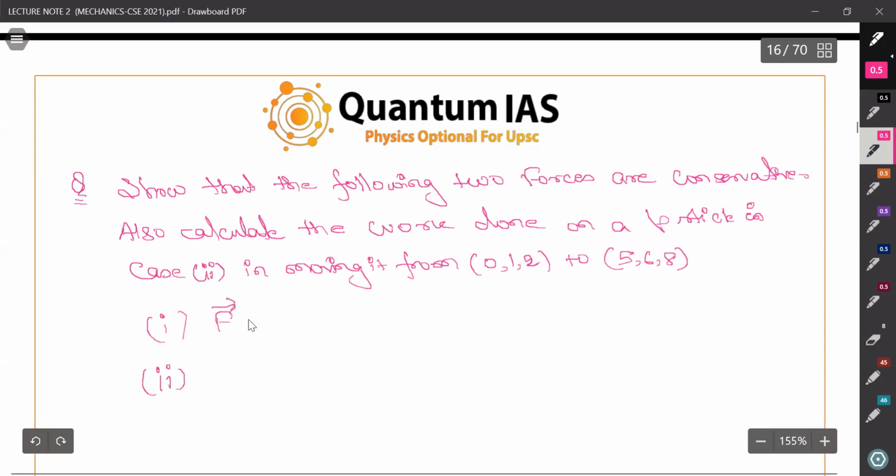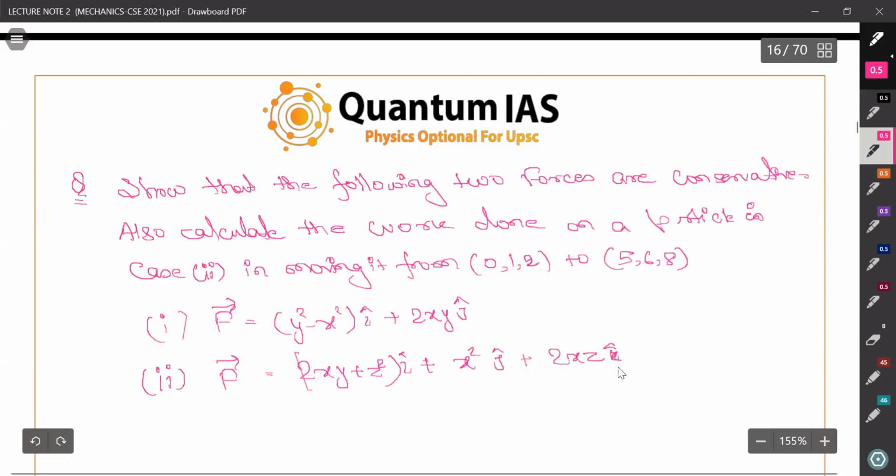F is equal to y square minus x square i cap plus 2xy j cap, and this is F equal to 2xy plus z square i cap plus x square j cap plus 2xz k cap.